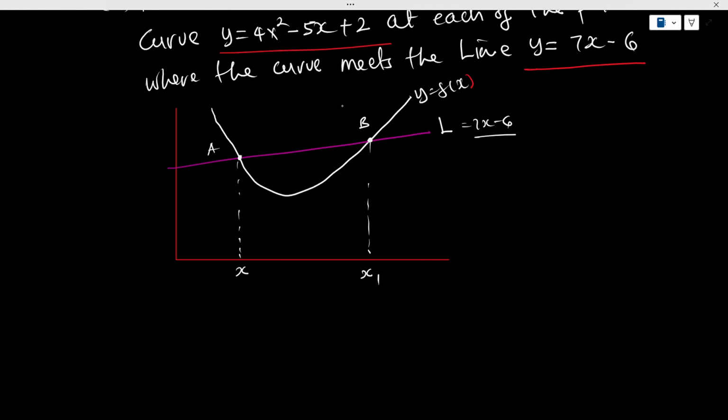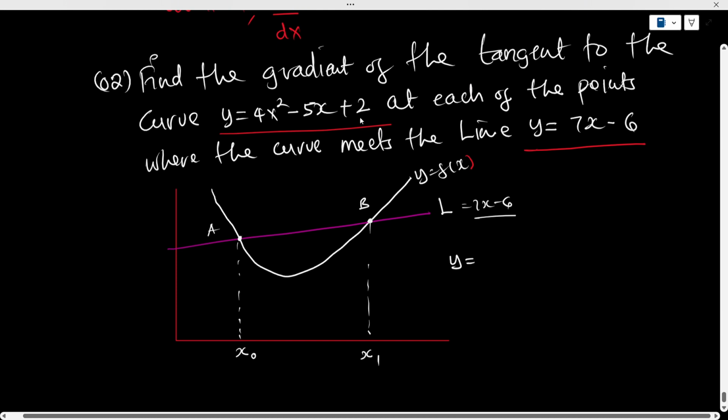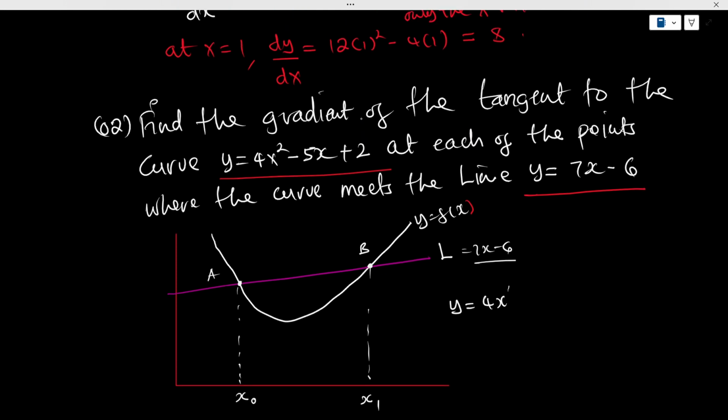If I was to plug this value of x0 into the curve, it is given by 4x squared minus 5x plus 2. We don't know what x0 is, it's just a notation.